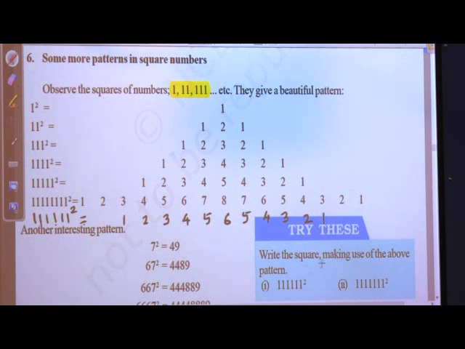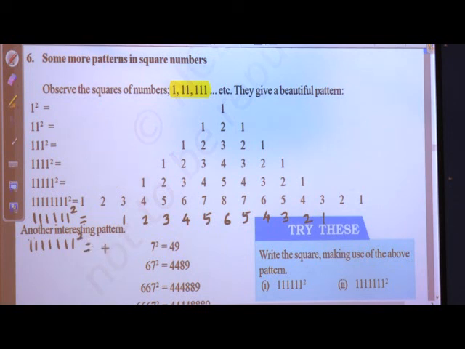Understood? Suppose I take one more, 7 times 1 present: 1111111 squared is equal to.